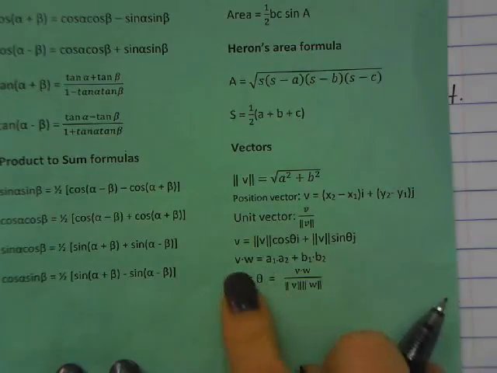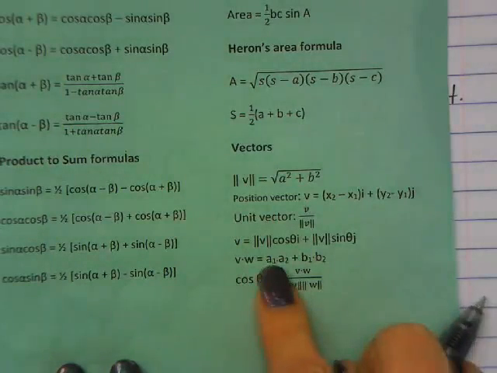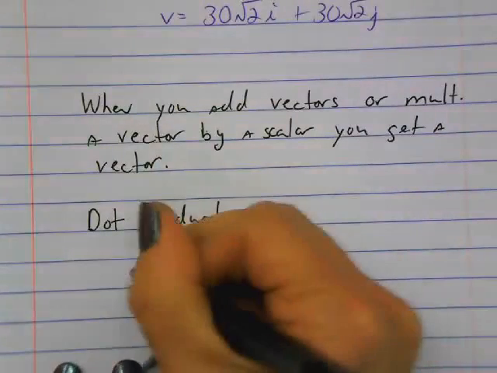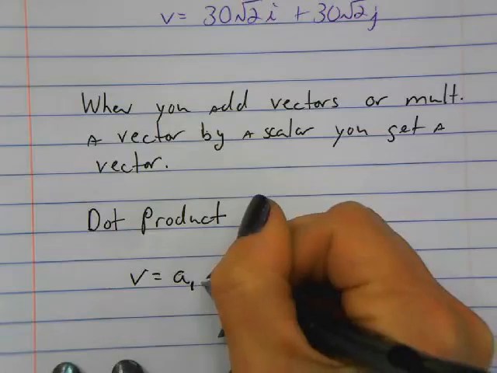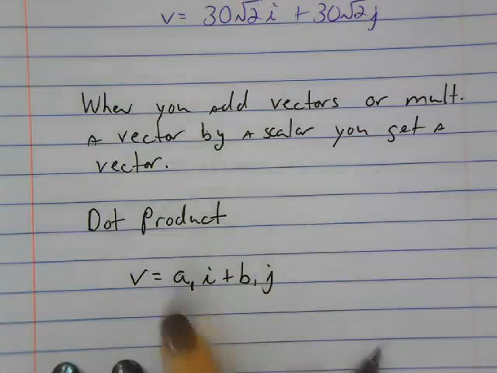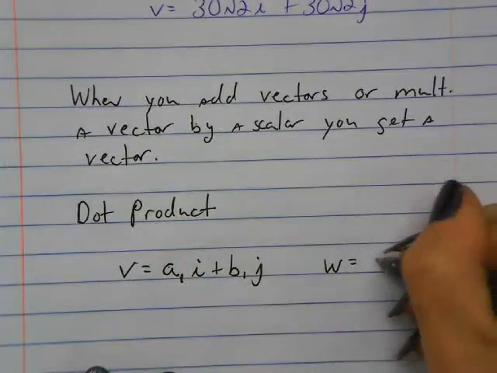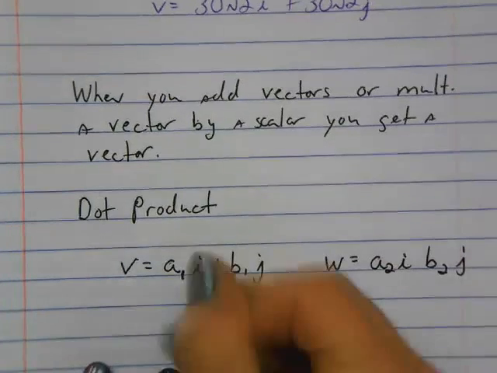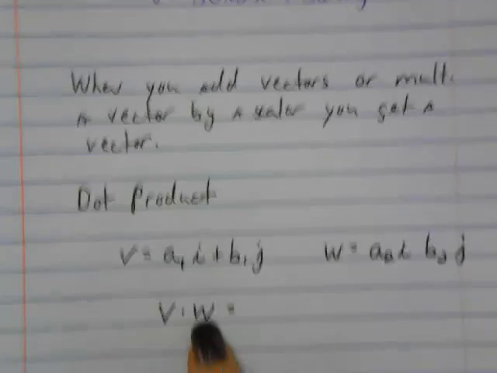Now this is not v times w, it's v dot w. And it says a1 times a2 plus b1 times b2. I'm going to write that down again just so I have it in my notes. If I have vector v defined as a1 i plus b1 j, and I have vector w defined as a2 i plus b2 j, I can take their dot product, and when I take v dot w, I don't get a vector.